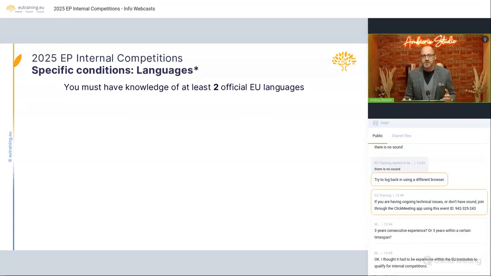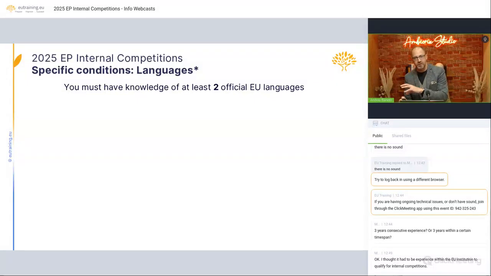Now, this was the profession, so the degree and the professional experience, and then there is the part of how many years of experience you need to have for any particular position, like we described. The other big part is the languages, and languages are always a bit tricky. Here, given that it's a European Parliament internal competition, it's not an open competition announced by EPSO, the Personnel Selection Office.